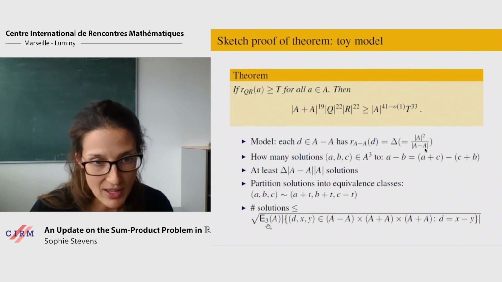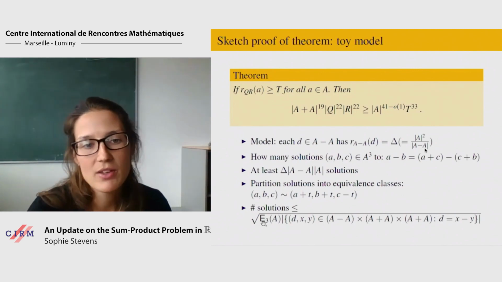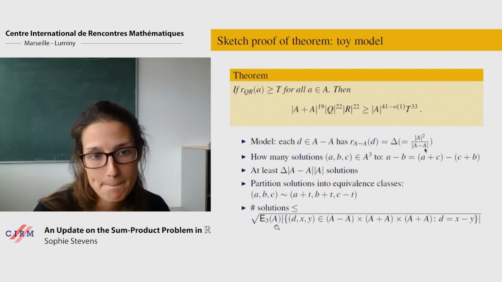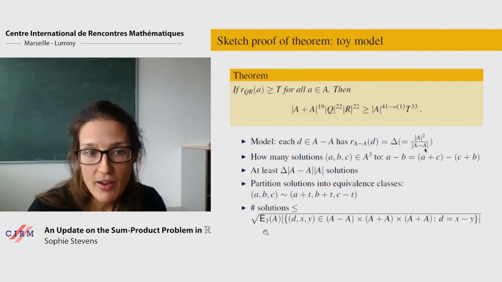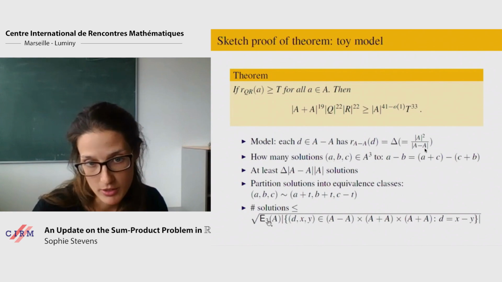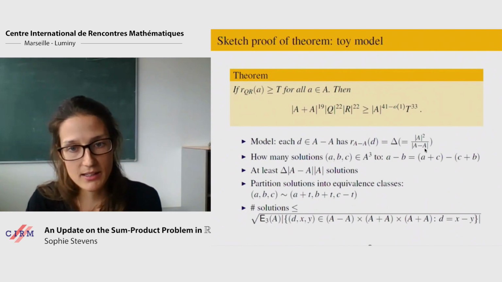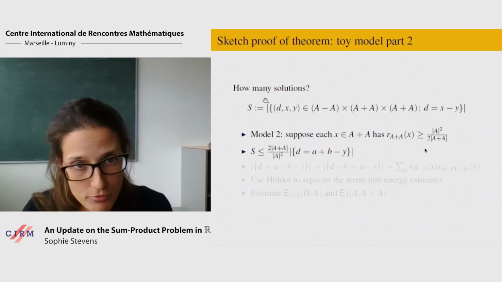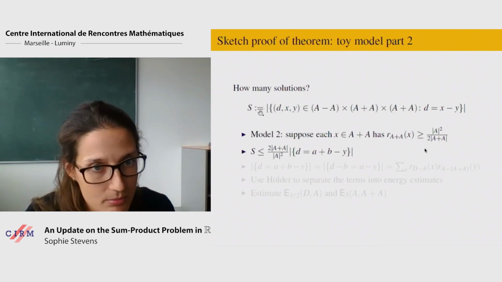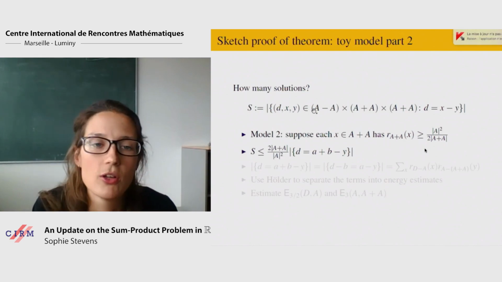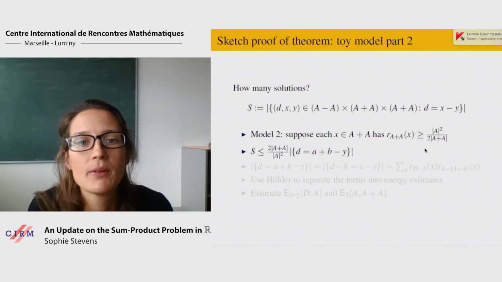So on the one hand, we've got this E3 of A. And what I've hopefully convinced you of on the previous slide is that because A has multiplicative structure, we are very good at bounding this using the Szemerédi-Trotter theorem. Let's take a moment to look at this slightly more complicated expression. I've renamed it to be S and got rid of the square root as well. So let's introduce another toy model.